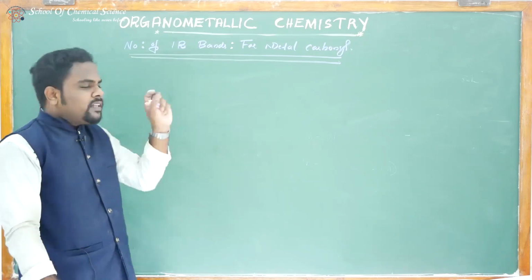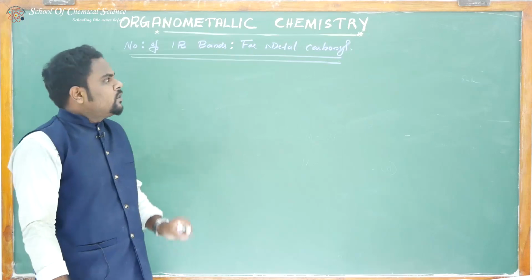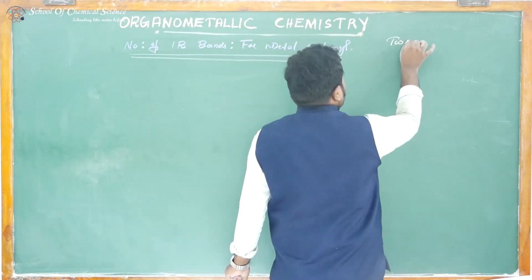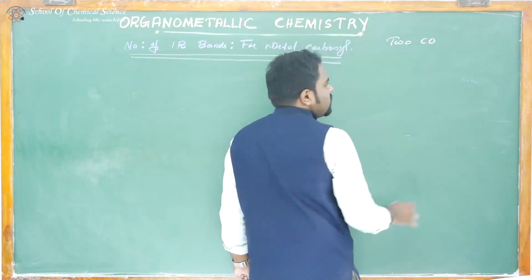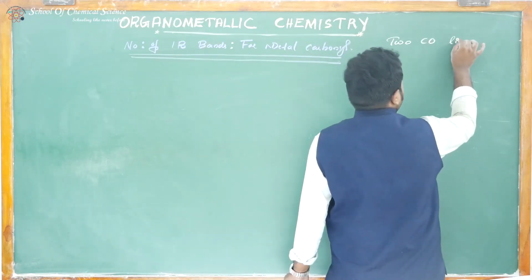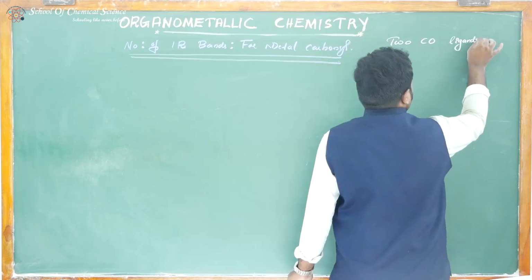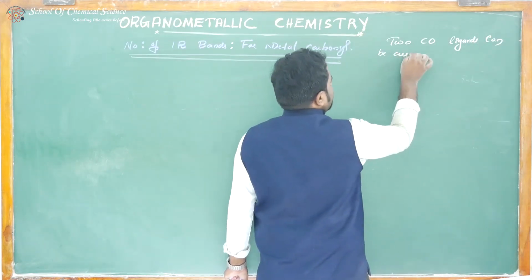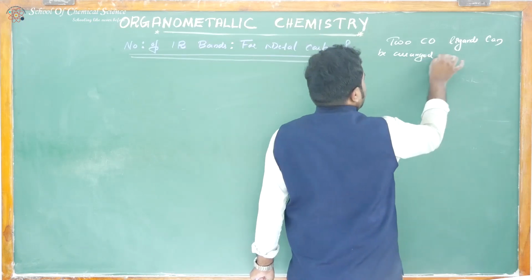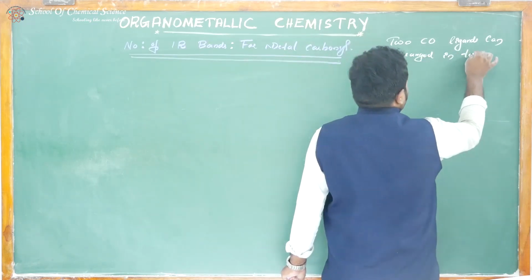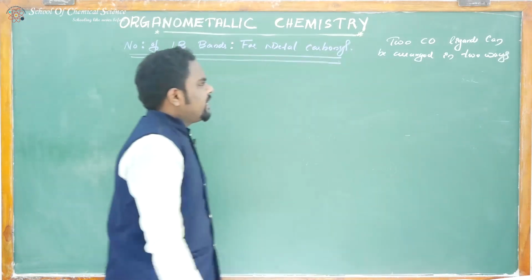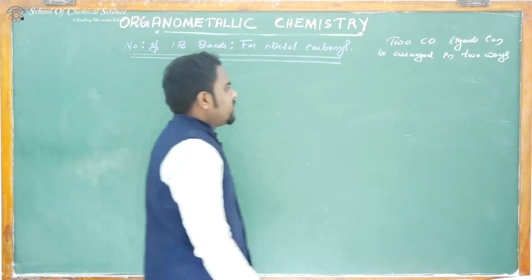Okay, so I will give you some hints. 2 CO ligands can be arranged in 2 ways.